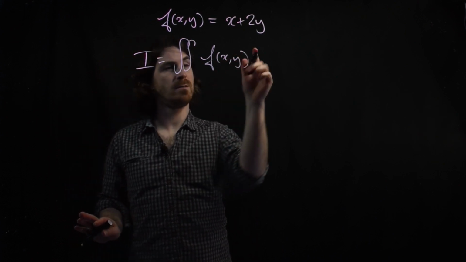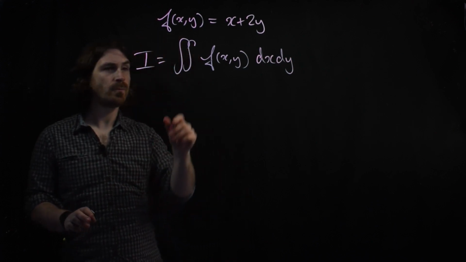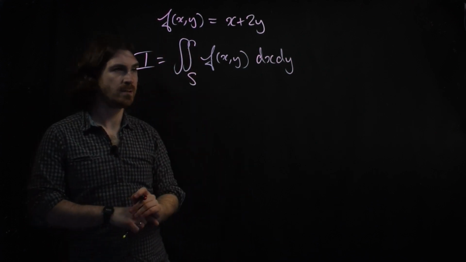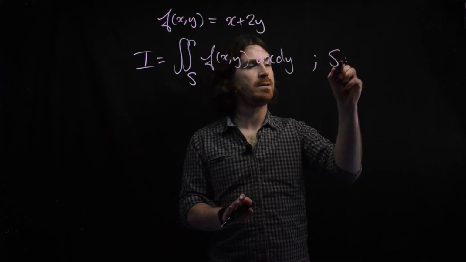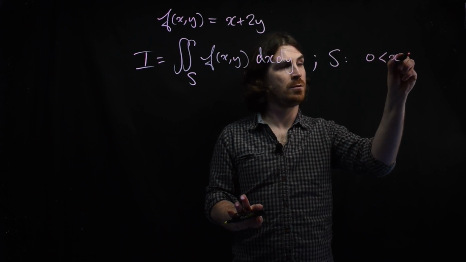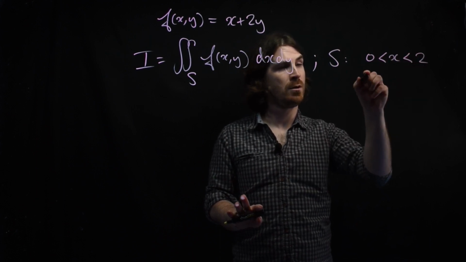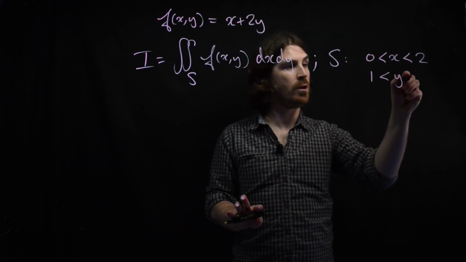So we've got the height of the function and this area element, dx dy, around the region S, and the region S is going to be defined as the region where x goes from 0 to 2 and y goes from 1 to 3.